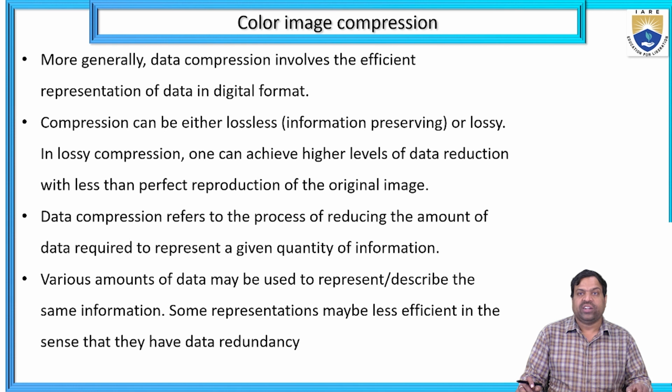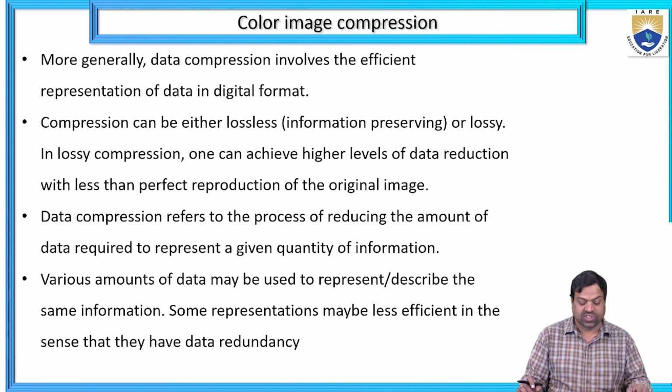More generally, data compression involves the efficient representation of data in digital format. Compression can be either lossless, information preserving, or lossy. In lossy compression, one can achieve higher levels of data reduction with less than perfect reproduction of the original image.